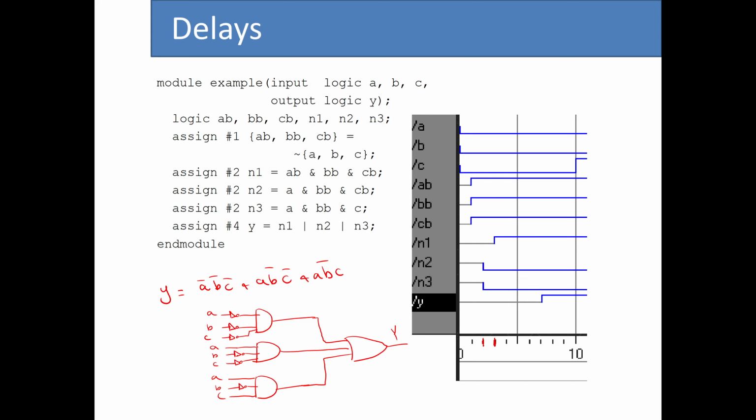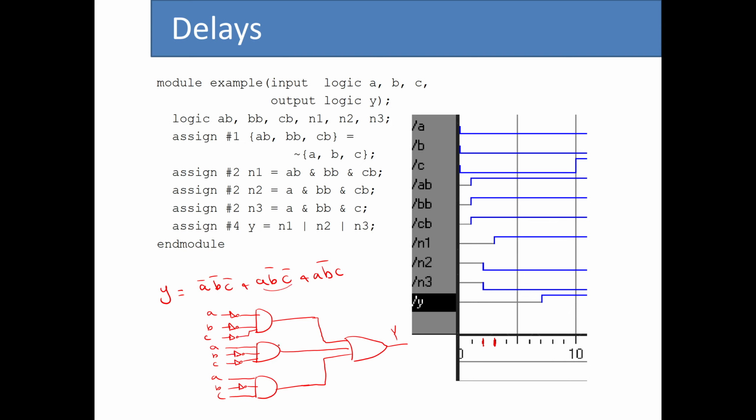A is 0, B is 0, which means this one is 1, C is 0, which means this one is 1. So you actually calculate A, which is 0, being ANDed with 1 and 1, and the output is 0. But as you can see, A doesn't have to go through this inverter anymore for creating the second term.